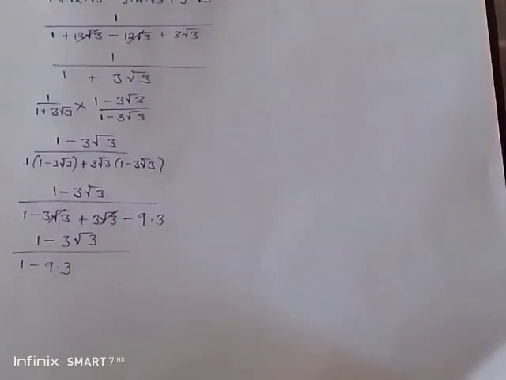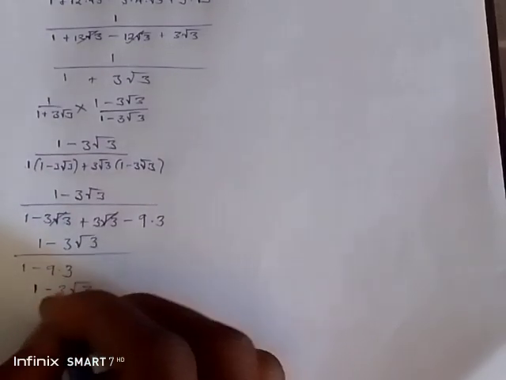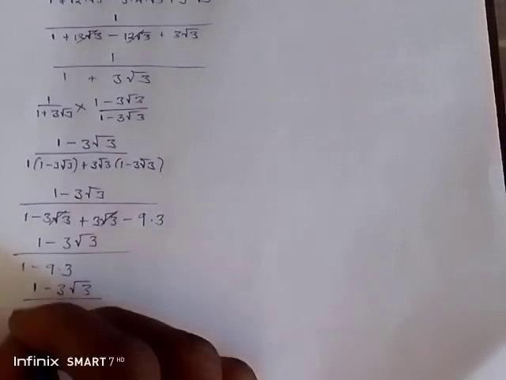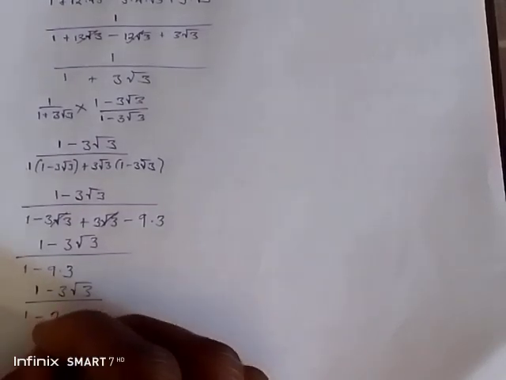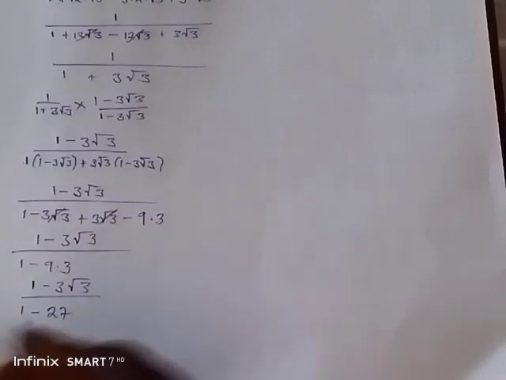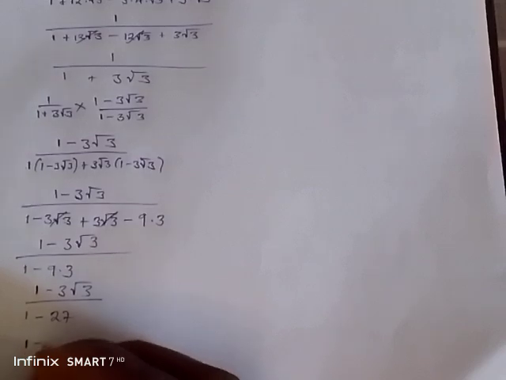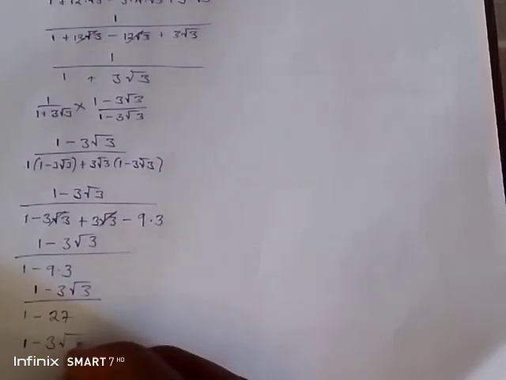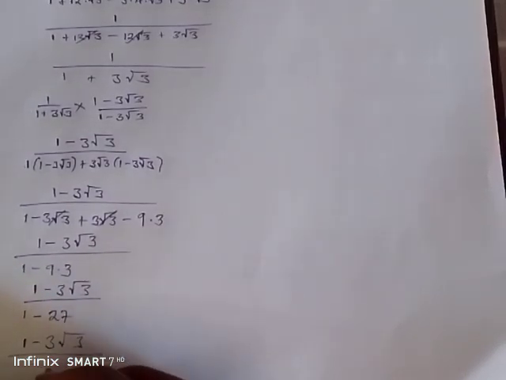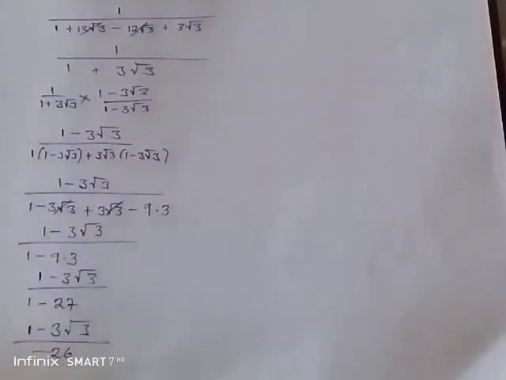Then we are going to say 1 minus 3 root 3 all over, this is just 1 minus 27, okay? That is 1 minus 27, and to find the final answer here, we're going to have 1 minus 3 root 3 over negative 26, okay? So this is the final answer.